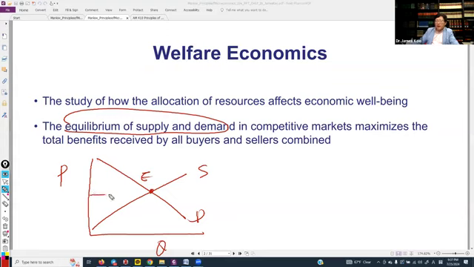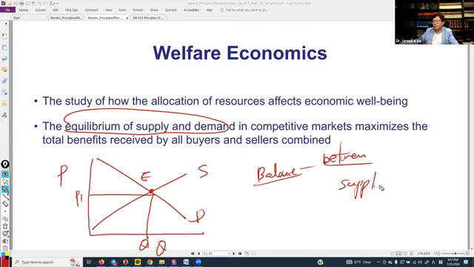The equilibrium price is P1, Q1, the balance between supply and demand. This is the market. A totally competitive market adjusts both supply and demand.